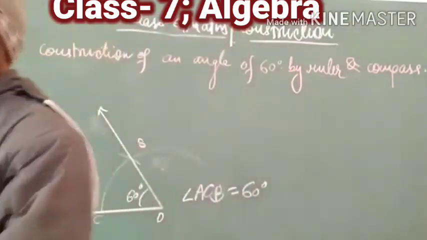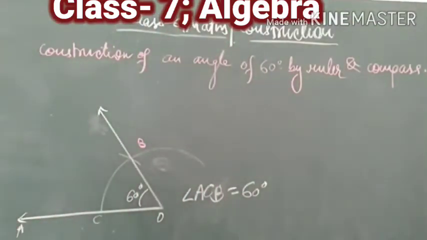Okay, so in this way we can draw an angle of 60 degree.